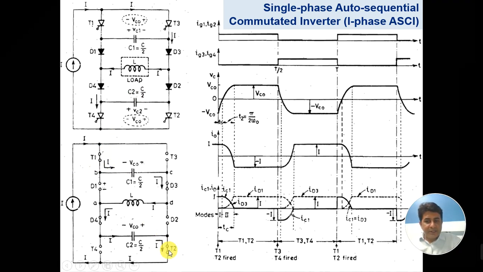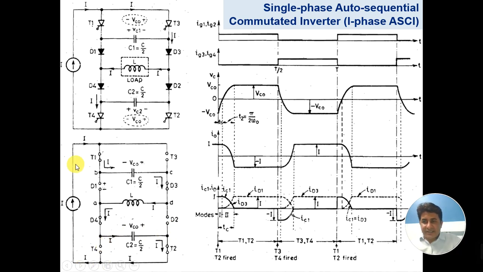In a similar way T2 also gets commutated, and the current then first establishes through T3, then through the capacitor, then through the load, then through D2, then through the capacitor, and then through T4, and then back. This is the very first condition during which the capacitor charges and discharges.